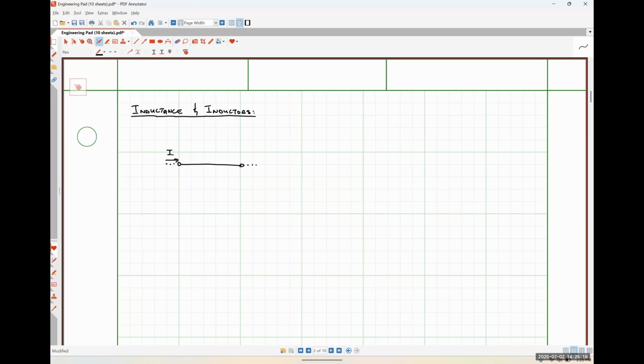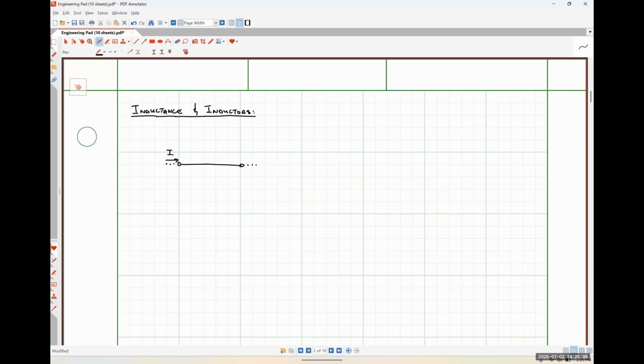Whenever you get around to taking your electromagnetic field theory classes, and I think everybody has to take Physics 202 at some point, what you'll learn is that you can use what's called the right-hand rule in order to determine the direction of magnetic fields.